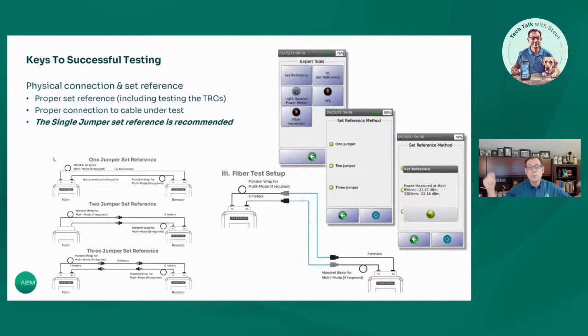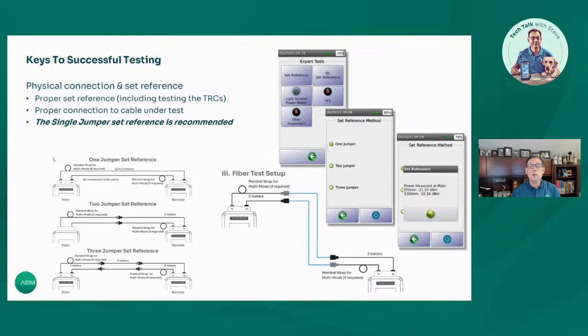And then you'd uncouple them and take them to opposite ends of the fiber and run your test. Now that's a 2 jumper set reference because you have 1 jumper on the light source, 1 on the power meter, and they're coupled together. Single jumper would be 1 cord from that light source to that power meter, and you set the reference. Then you disconnect at the power meter, and this is important. You don't disconnect at the light source after you've done a set reference, because your set reference will be blown if you do that.